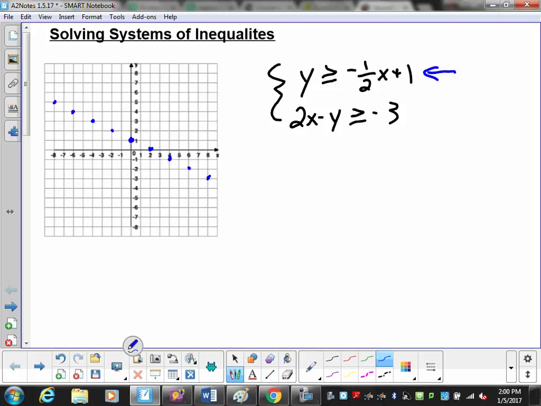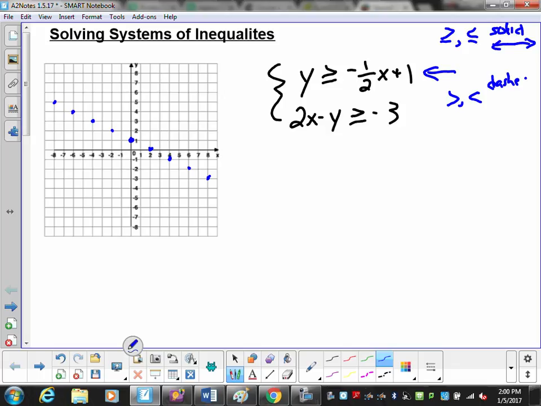Now, one of the differences between inequalities and equations when you're dealing with graphing is the way the line is drawn. If you have this symbol or this symbol, then what you have is a solid line, so a full solid line. If you have this symbol or this symbol, we have a dashed line.